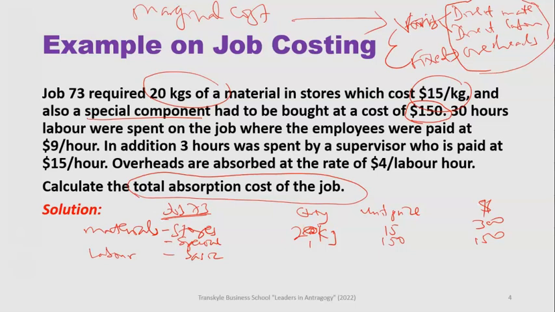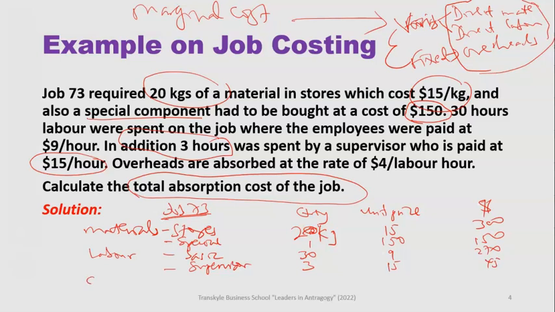So 30 hours multiplied by $9 per hour, and you get 270. You then have to consider the supervisor's wage, and the supervisor is paid for 3 hours. Because we are told that in addition 3 hours was spent by the supervisor, who is paid at the rate of $15 per hour. So we get 45 here.